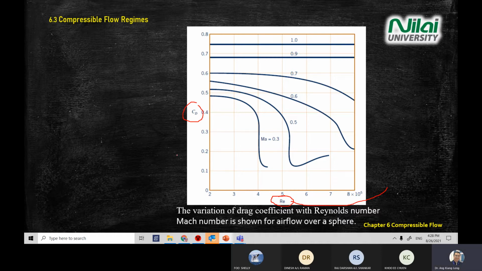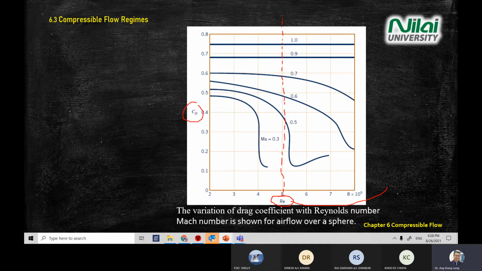Can you, from this graph, elaborate what happened to the CD if you increase or reduce the speed? What happened to the CD value? I'll give you a hint. Let's say I pick Reynolds number 5.